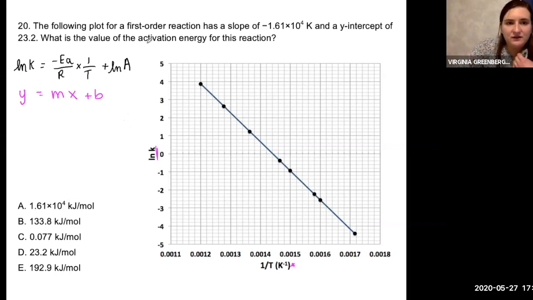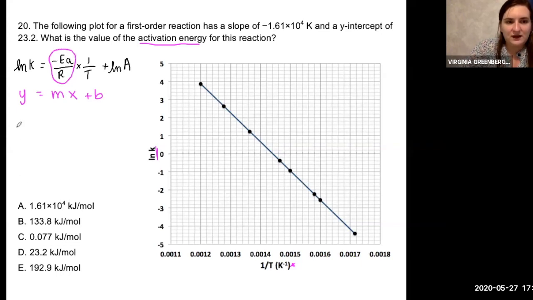And so here they're asking us about the activation energy. And so we're going to need to use the slope. And so then what we'll say is this whole part here is the slope.